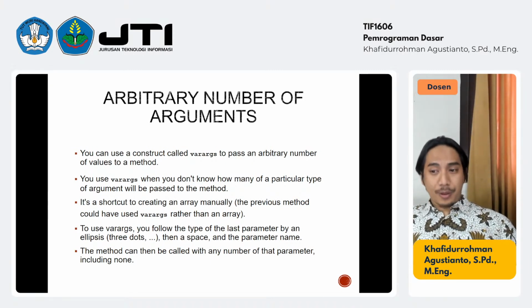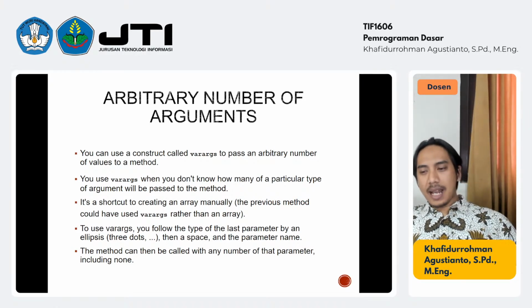It's a shortcut to creating an array manually. The previous method could have used varargs rather than an array. To use varargs, you follow the type of the last parameter by an ellipsis, three dots, then a space and the parameter's name.